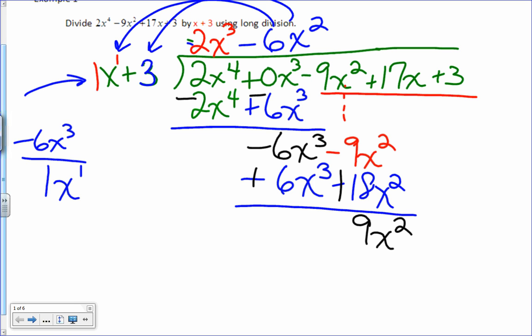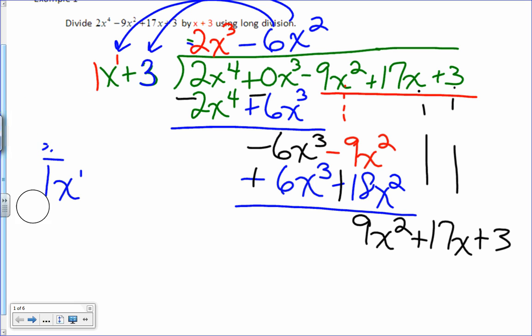And again, technically, you could bring down all the rest of the terms if you wanted to, but we probably won't need them all. That's why a lot of times you just bring down the next one and you hope it works. This time I brought them both down to show you that it's still going to be okay. And now you start the process over.